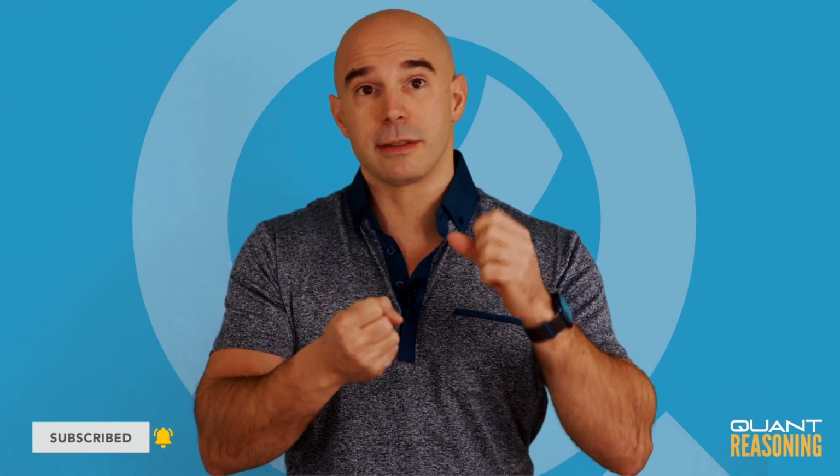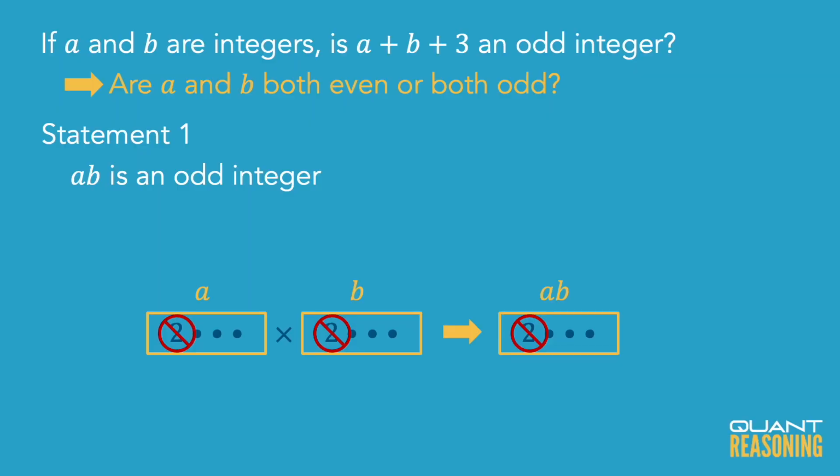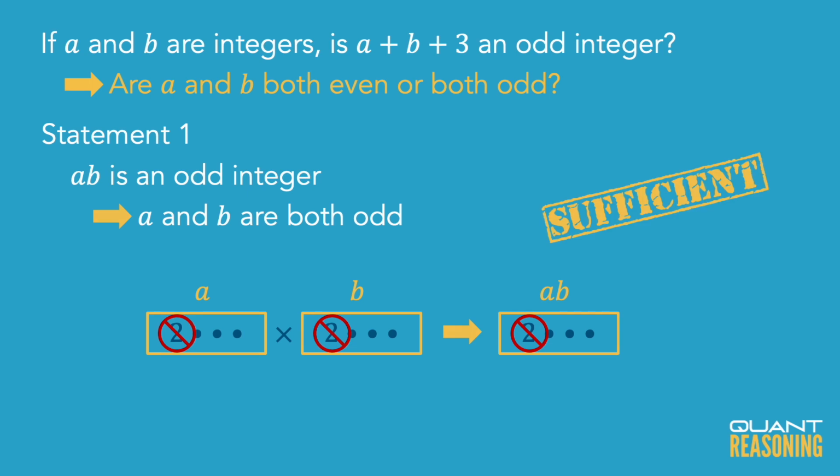Because the prime box of a product has all of the bits and pieces from the individual prime boxes of its factors. So statement 1 is essentially saying, hey, both a and b are odd, and we know from the previous discussion that that means that their sum is even, and therefore this is sufficient to answer the question.